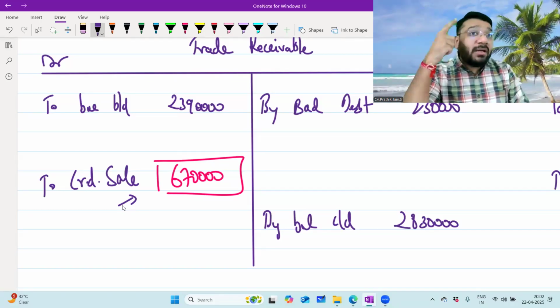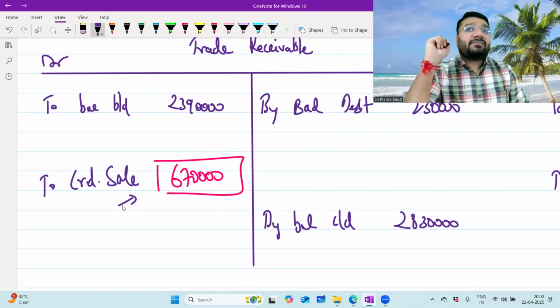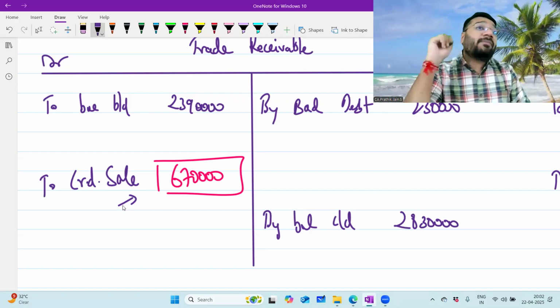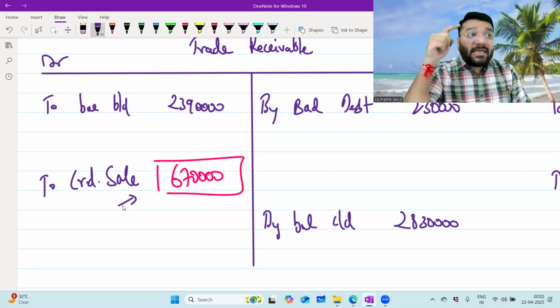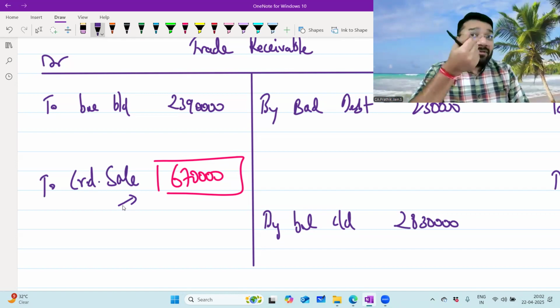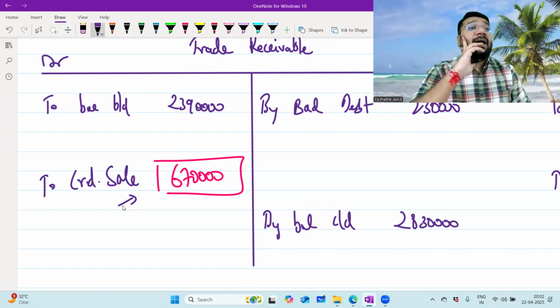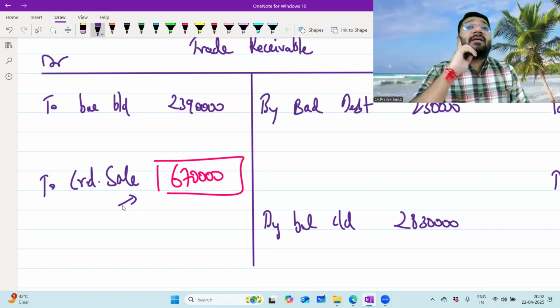This 670 is included in revenue from operations, so in total income, so in profit before tax. But money is not received, so what am I supposed to do? Minus it, in segment 3.